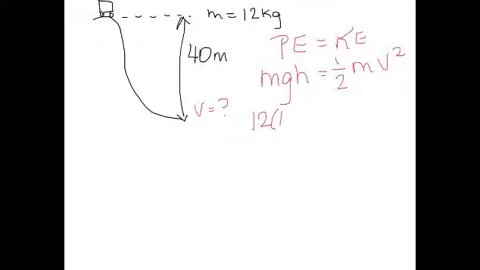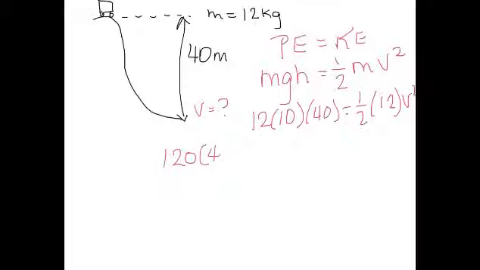We know gravity is 10. We know height is 40. And that has to equal 1/2 of 12 times velocity squared. So we have 12 times 10 is 120, times 40, equals 6v squared.